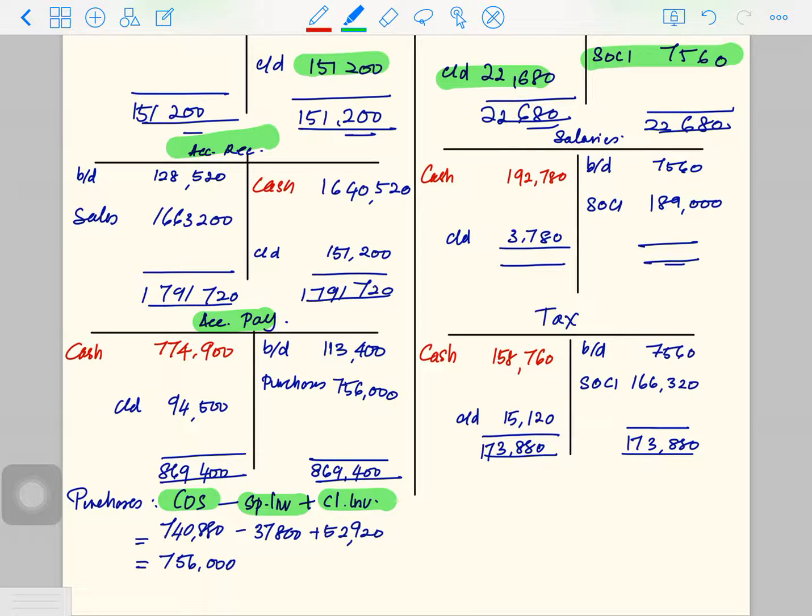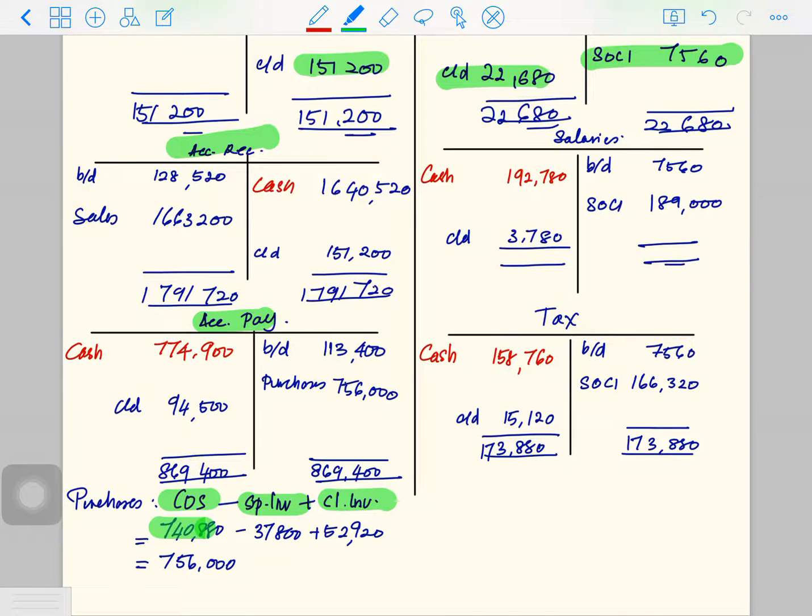Jadi cost of sales ni 740880 minus opening inventories plus closing inventories, kita akan dapat purchases 756. Okay. 756 ni purchases ni kita akan guna untuk kita masukkan ke dalam account payable ni.